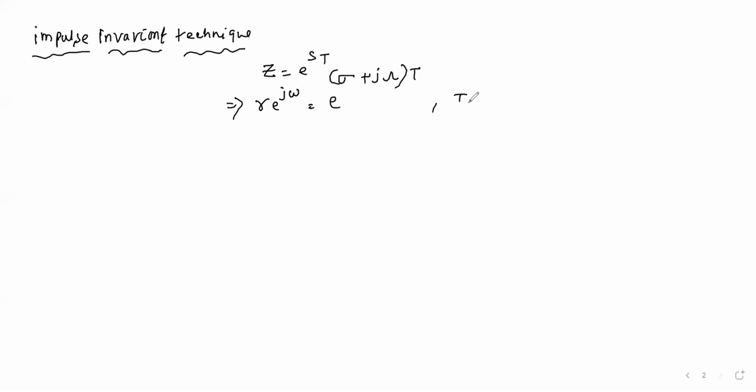T is the sampling period. How will we convert analog to digital? Obviously, with the help of sampling. For that purpose, in this S domain we intentionally take one sampling period T.